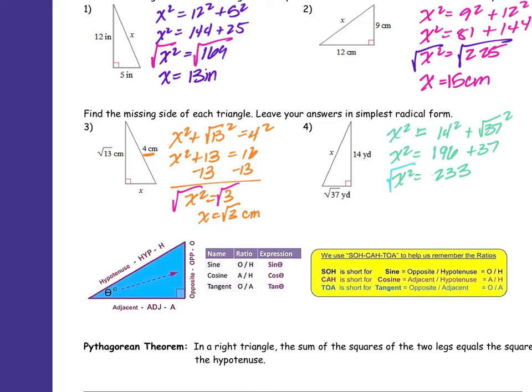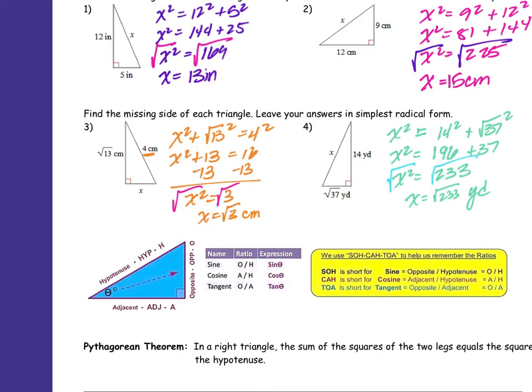Square root. X equals the square root of 233. I couldn't find anything that goes into 233, so there we go. Square root of 233 yards. Done.